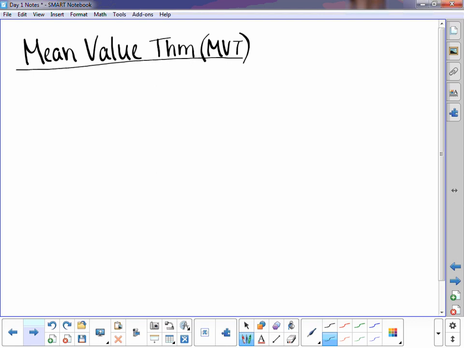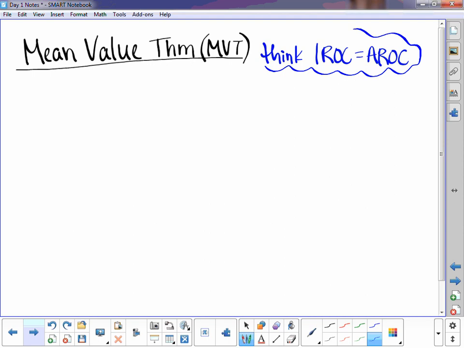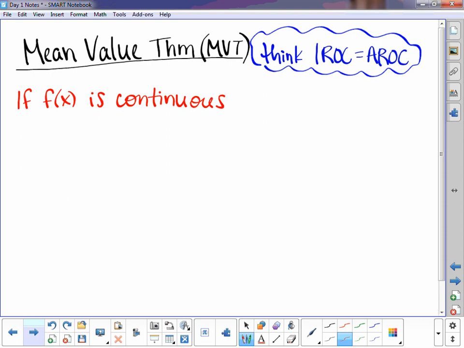So mean value theorem, again, you want to think the big idea is I rock is equal to A rock. That's kind of the big concept for mean value. But we have to meet certain conditions first. So our mean value theorem says if f of x is continuous on the closed interval a to b.